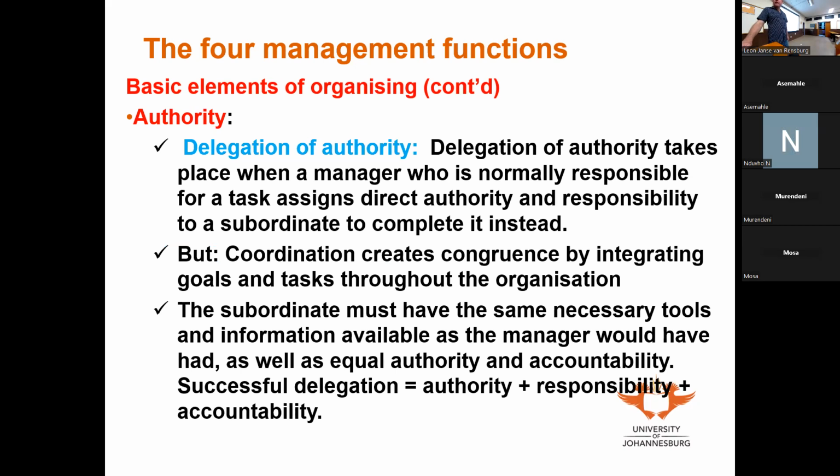Delegation of authority takes place when a manager who is normally responsible for a task assigns direct authority to someone else instead. This creates congruence by integrating goals and tasks throughout the organization, and the subordinate must have the necessary tools.